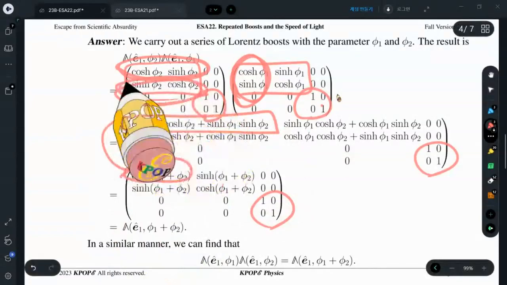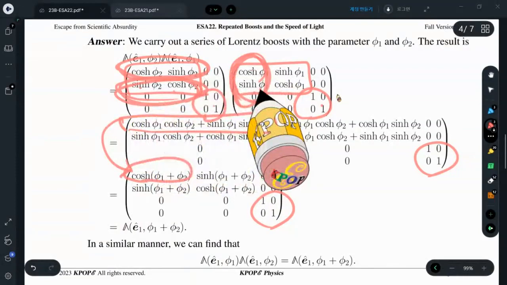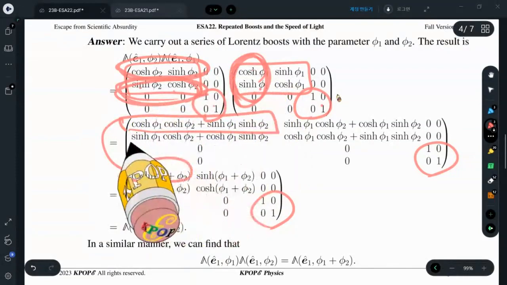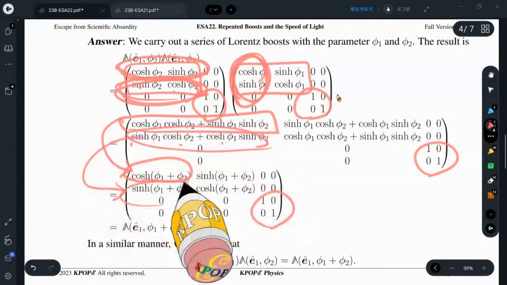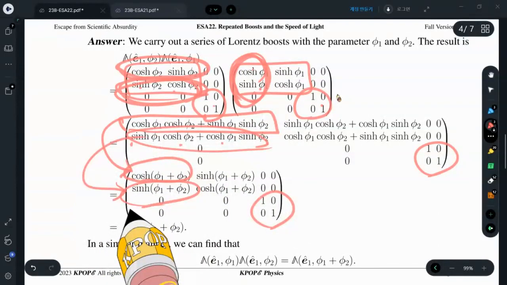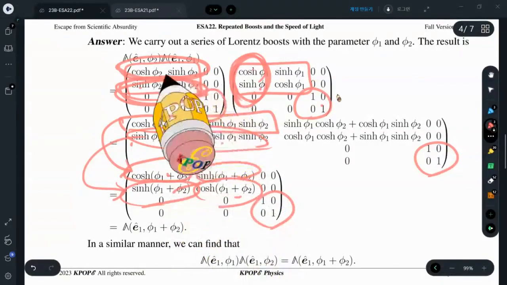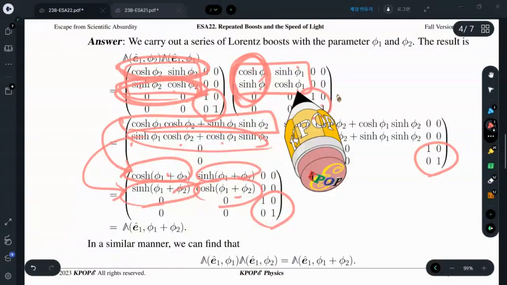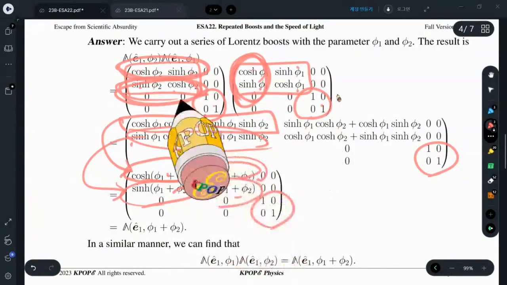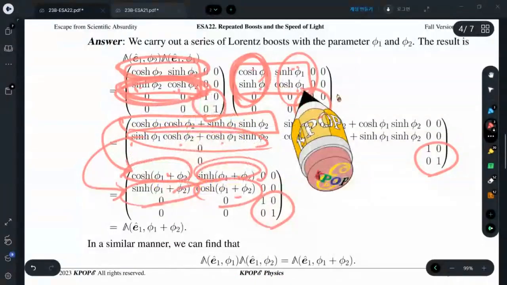Next, this row and this column: sinh cosh plus cosh sinh. This is sine hyperbolic. They are the same. In addition, these two are the same, these two are the same. Cosine sine, sine cosine: aha, sine. Sine sine, cosine cosine.